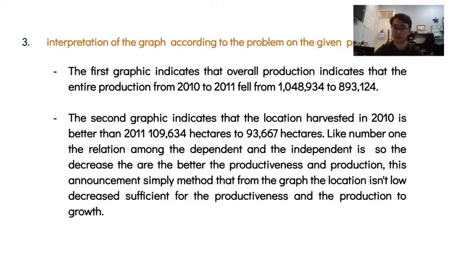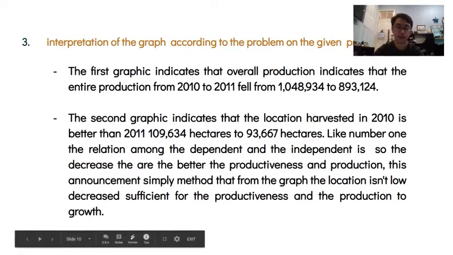Like the chart number 1, the relation between the dependent and independent variables is that the more the area decreases, the better the productivity and production. This means that from the graph, even with the area decreasing slowly, it is sufficient for the productivity and production to grow.